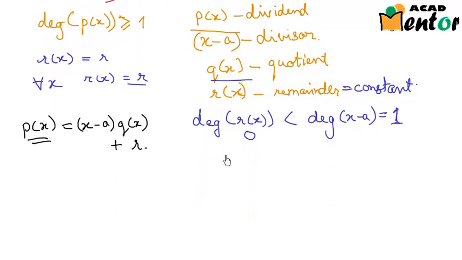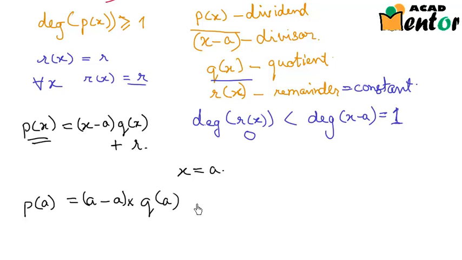Now let's see what happens at x equal to a. When x is equal to a, this polynomial would become p of a, which is equal to a minus a into q of a plus the remainder r. Yeah, this is a multiplication.